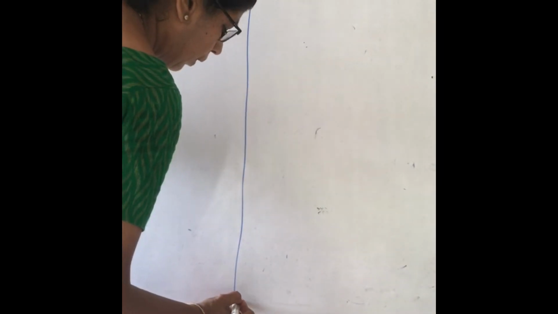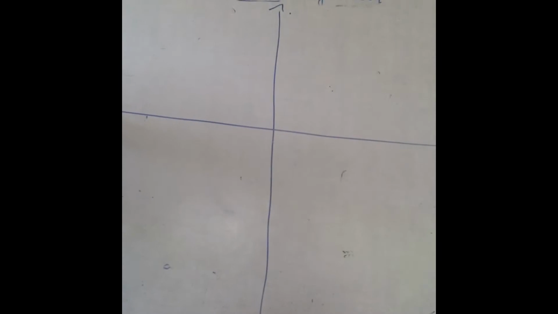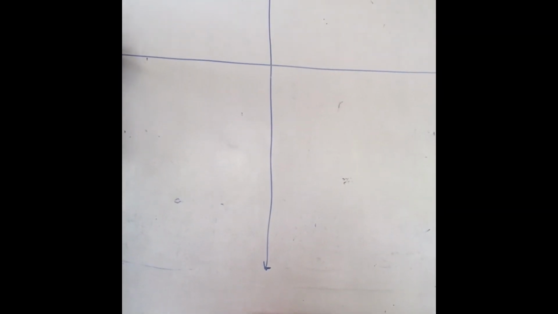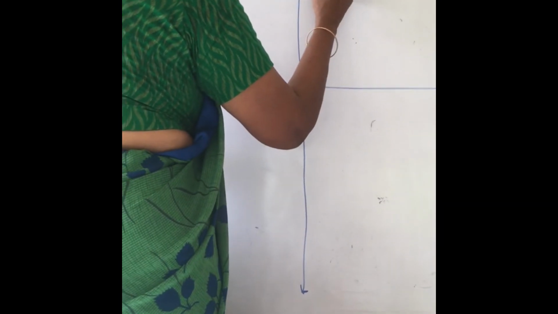Vertical line, horizontal line. This is the horizontal line, and this is the vertical line.